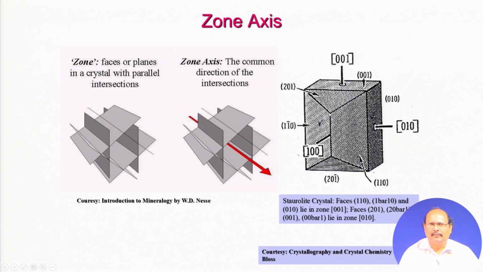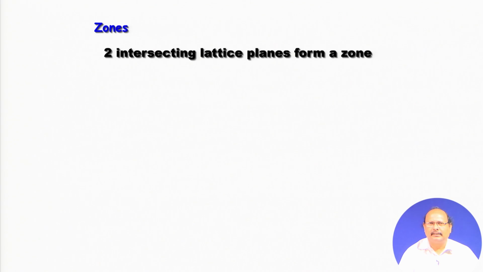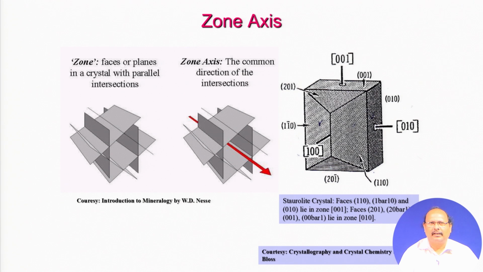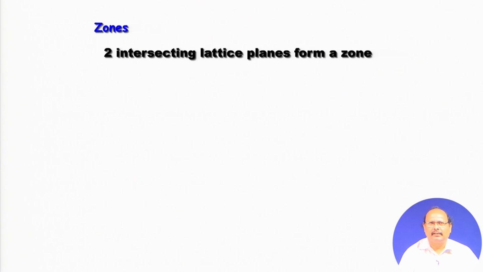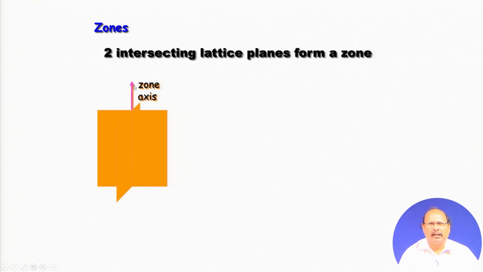Okay. With this idea, let us further discuss this. In the case of a zone symbol, there should be two planes which will be intersecting in a common line, and this line will be your zone axis.